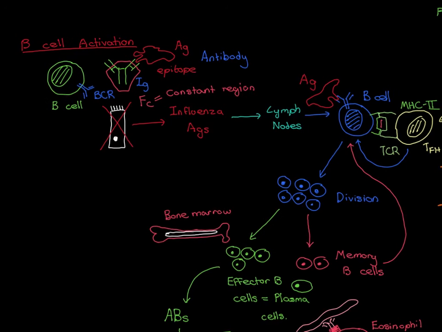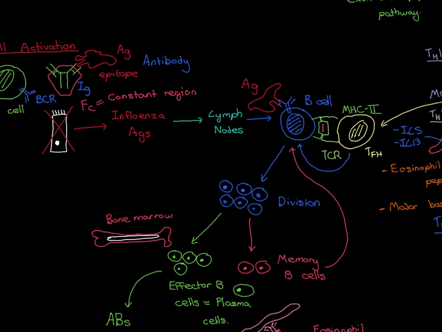Now, what will happen then is when the influenza viral antigens arrive in the lymph nodes, they will come into contact with some B cells potentially that are directed against epitopes of them. So you will, hopefully, in those lymph nodes that drain the respiratory tract, have some B cells that are directed against epitopes of the influenza viral antigens that are arriving there.